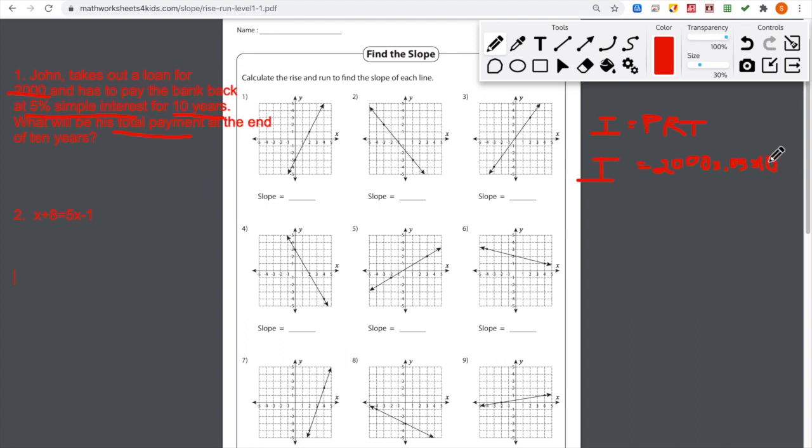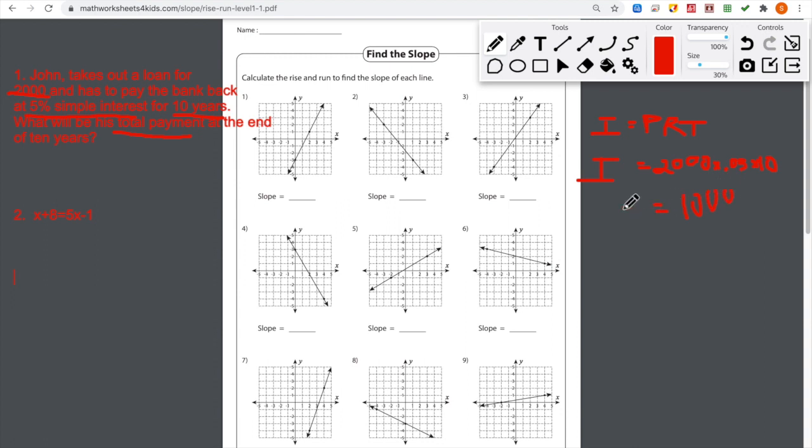We're just going to go ahead and punch those numbers in. So I'm going to take a minute to go ahead and do that. So 2,000 times 0.05 times 10. And that will give us 1,000. So our interest is going to be $1,000.